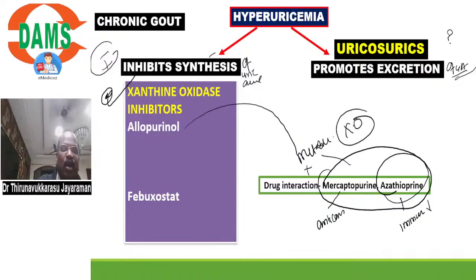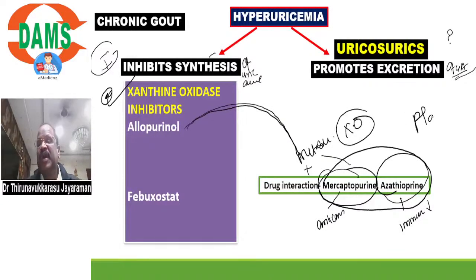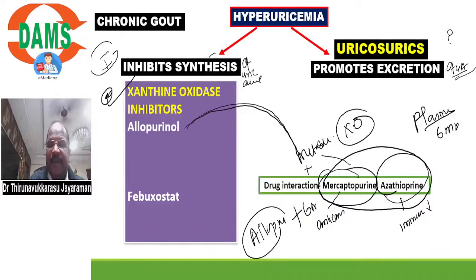Suppose we want to use allopurinol with 6-mercaptopurine, what happens to the plasma level of 6-MP? 6-MP level may get increased. Very good. So 6-MP level increases, so reduce the dose of 6-MP. One-third dose reduction is a must. Very good. Now you know the xanthine oxidase inhibitor names.